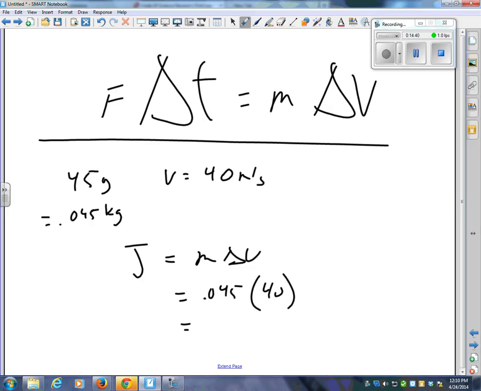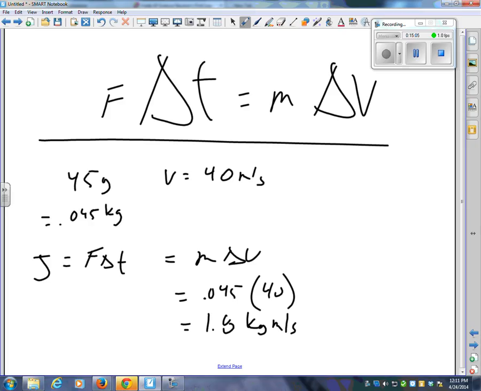So m delta v equals the impulse? Well, maybe I shouldn't write it just like that. Maybe I should write it like this: J equals F delta t, which is equal to m delta v. F delta t is J, and F is just the force.